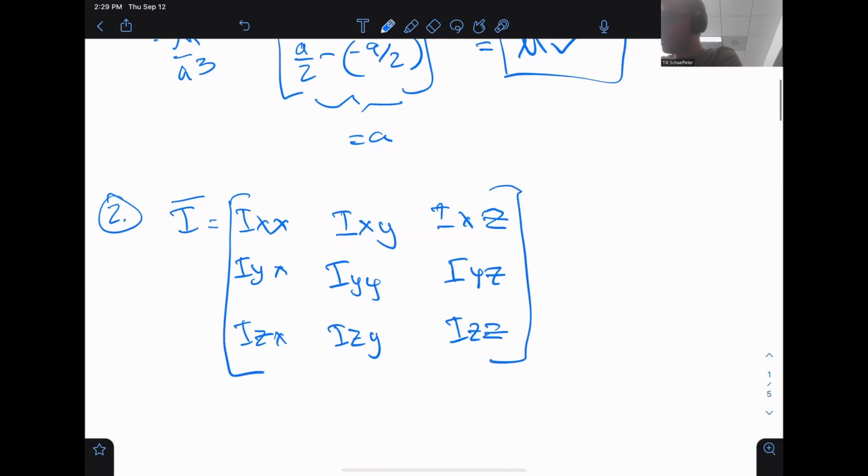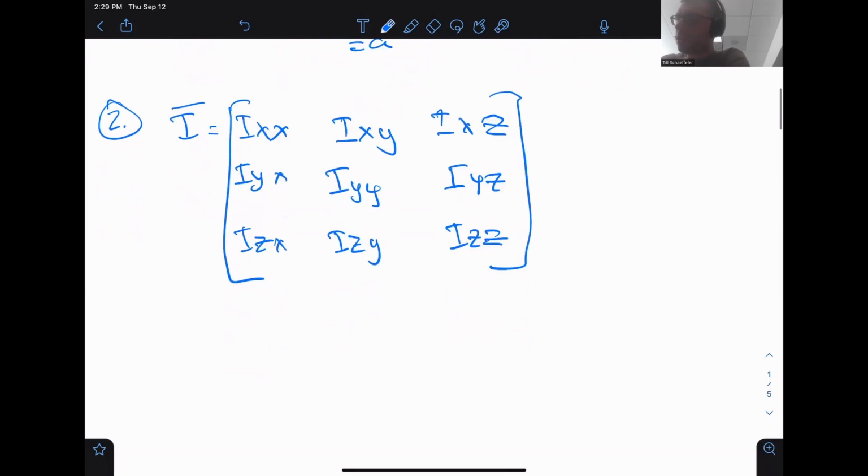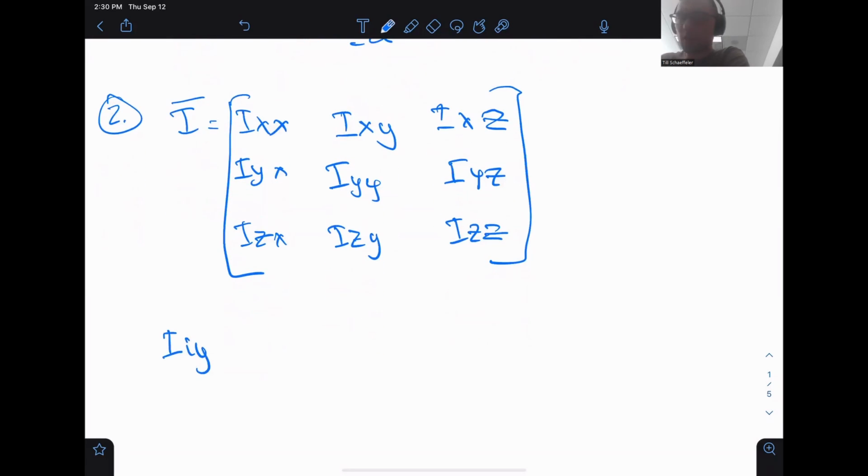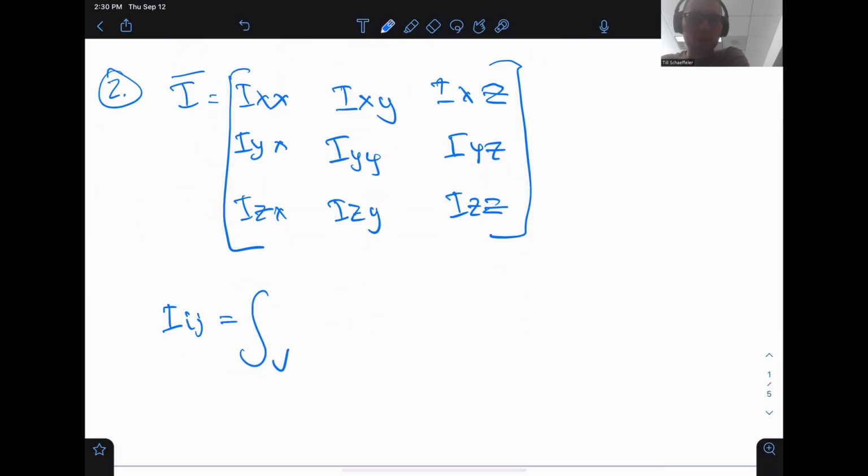So the individual components of the matrix are again given by this formula, the volume integral over r squared times delta function minus r_i r_j over the entire volume.